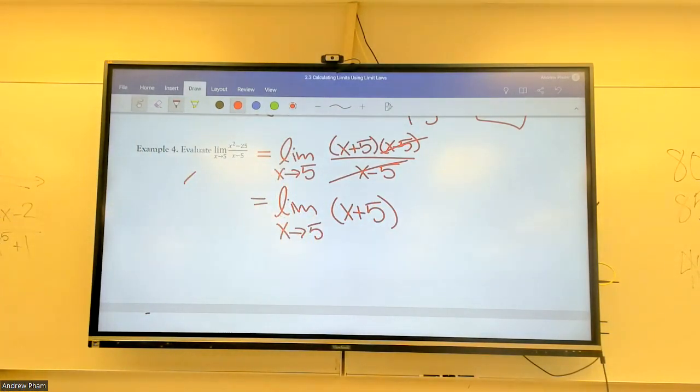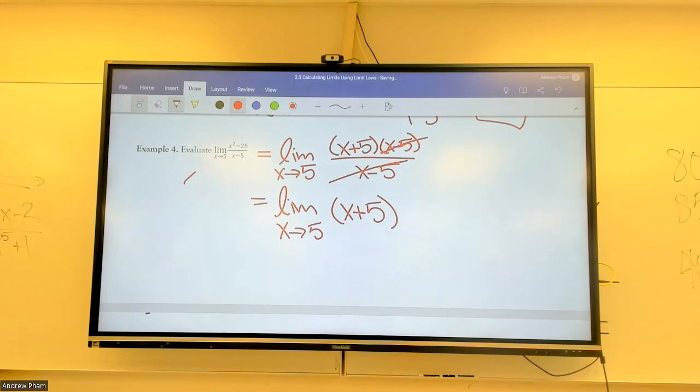Why was it good that I got rid of x minus 5? Because that x minus 5 on the bottom was giving me a 0. By factoring, I get rid of that problem, leaving me with this new limit, x going to 5 of x plus 5.